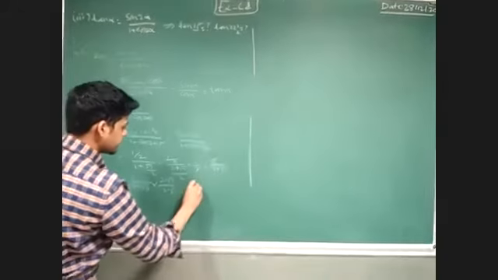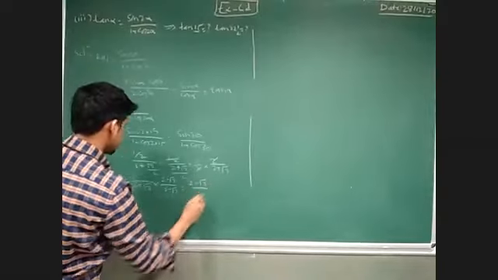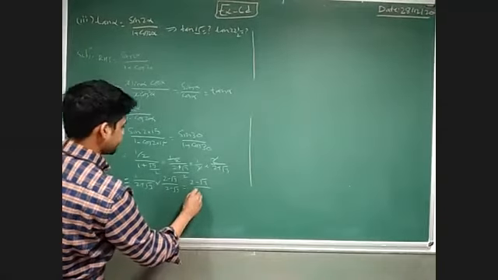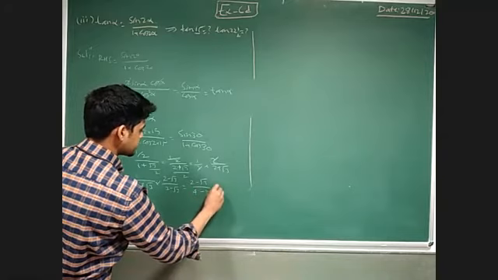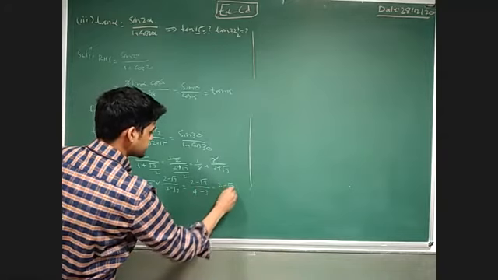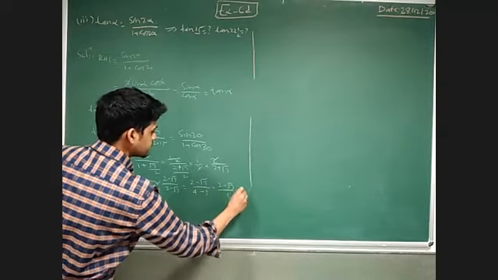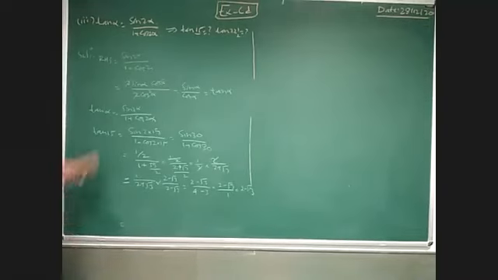So here I will have 2 minus root 3 by 4 minus 3, so that is nothing but 2 minus root 3 by 1. Okay, so this is the answer of tan 15.